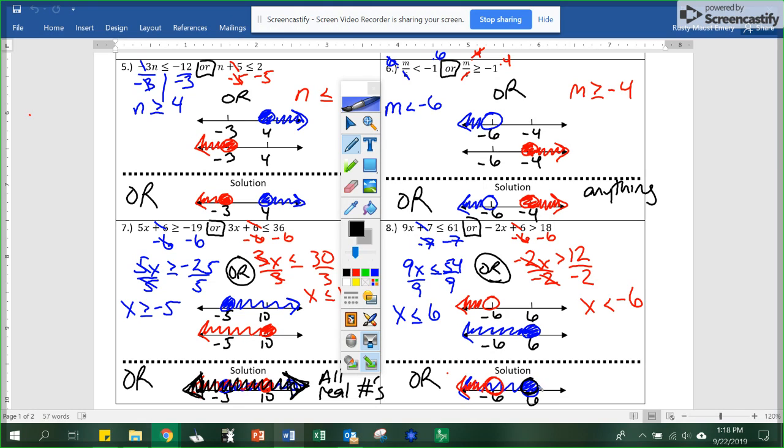We just really need to bring down the blue boundary point, so 6 is closed, and then shade everything to the left of 6, and that includes the red area already. So we don't need to put the open circle where the -6 is, we just shade right through it. Okay, so for this one, number 8, there's your final solution.